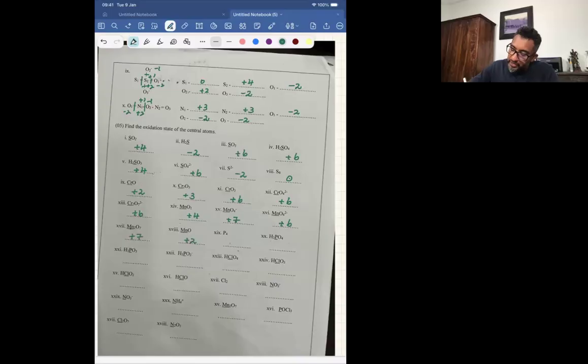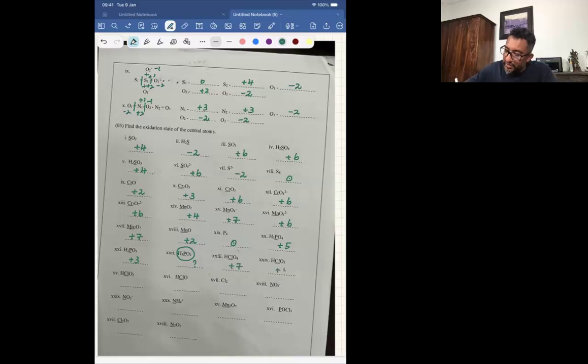P4 is 0. H3PO4 is plus 5. H3PO3 is plus 3. There's nothing called H3PO2 minus, right? HClO4 is plus 7.